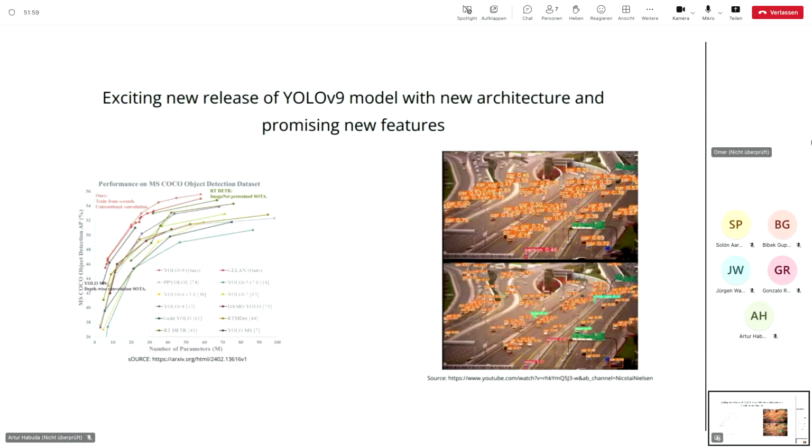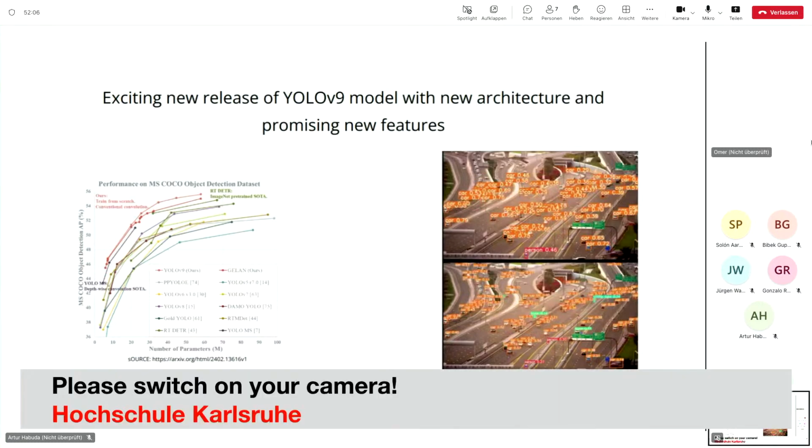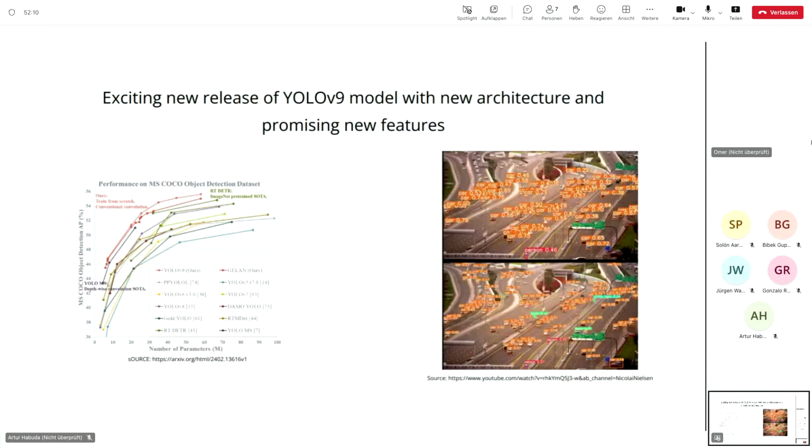But interestingly, it did not perform as well as YOLO V8, maybe because of the number of hyperparameters this new model has, or maybe because of the nature of the data. So more tuning and further studies are needed to get a better result from YOLO V9.